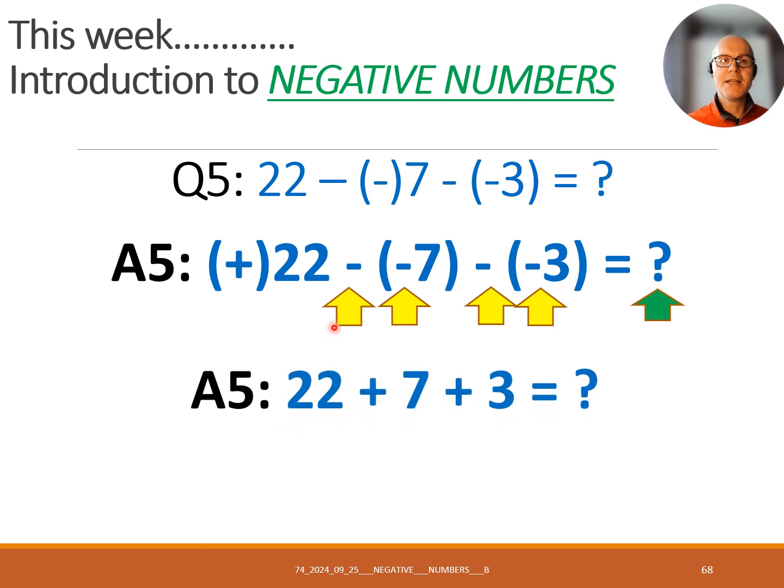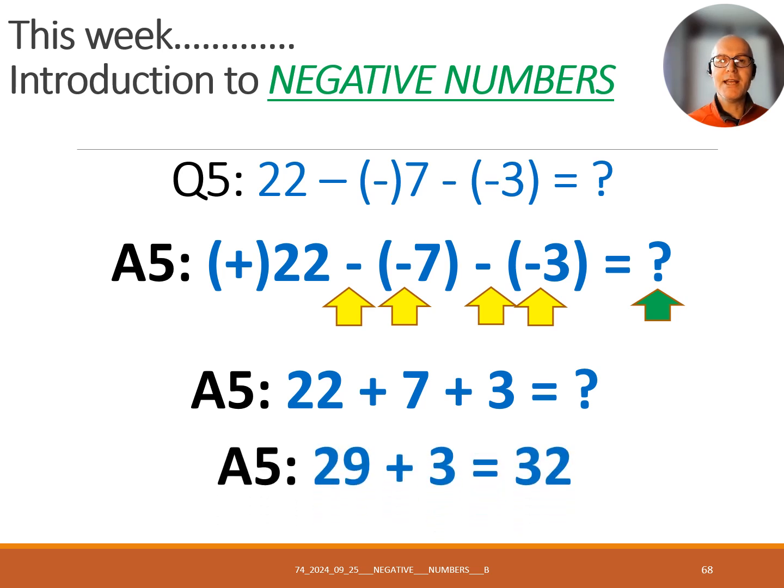So we'll rewrite 22 subtract negative 7 subtract negative 3 as 22 plus 7 plus 3. The double negative changes to positives. BODMAS, 22 plus 7 is 29, plus another 3 is 32. Next question.